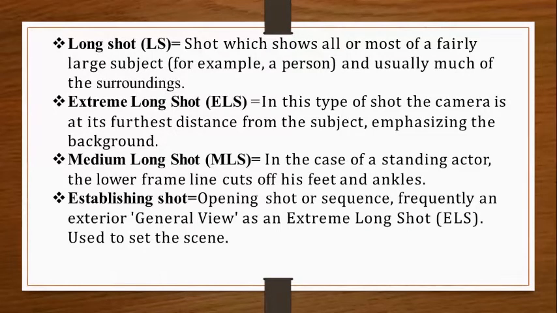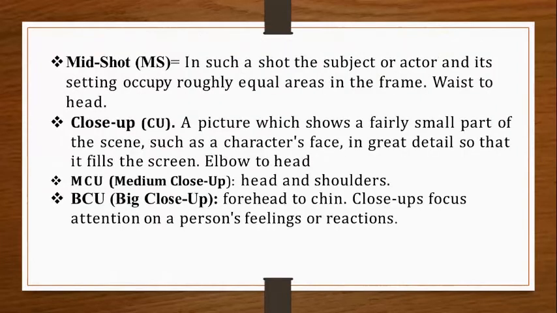Next is the establishing shot. An establishing shot is a shot in filmmaking or television that sets up the context for the scene ahead, designed to inform the audience where the action will take place. It shows the relationship between the people and the objects and establishes the scene's geography.